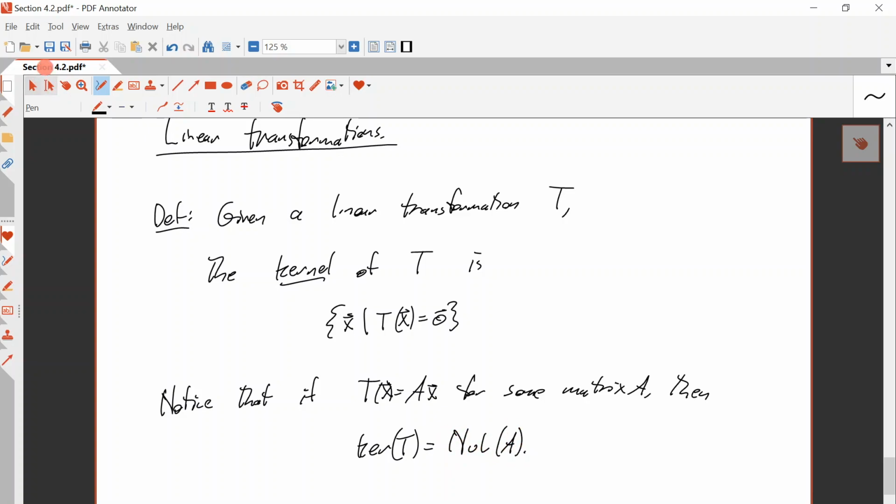Sometimes for infinite dimensional vector spaces, you don't have this sort of well-defined idea of a matrix for a linear transformation. They have a couple nice examples at the end of the section, example 8 and example 9 on page 207, where they talk about the differentiation operator.